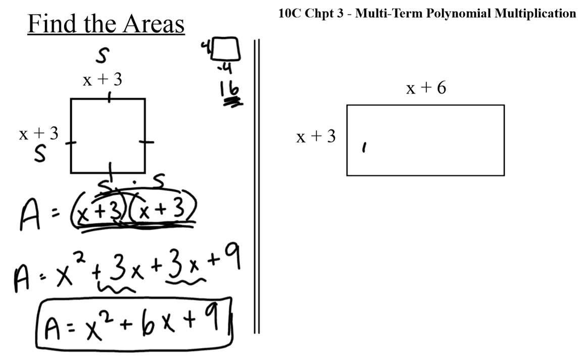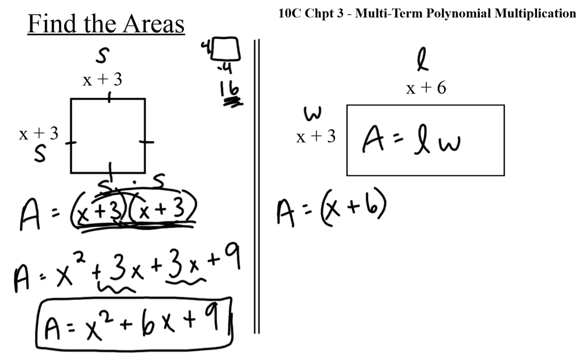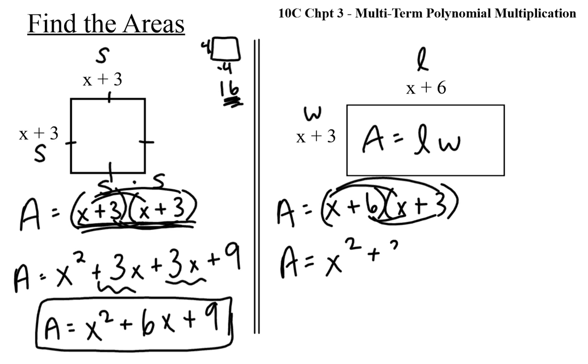Here, find the area of a rectangle, length times width. Here's your length, here's your width. So to get area, length, x plus 6 times the width, x plus 3. Binomial times a binomial, make sure you do FOIL. X squared plus 3x plus 6x plus 18.